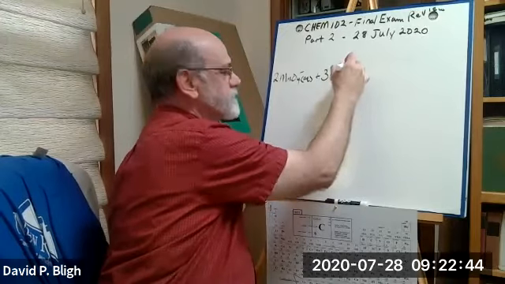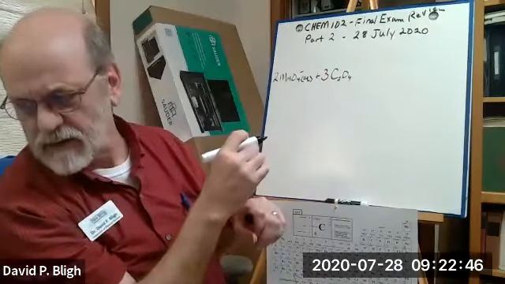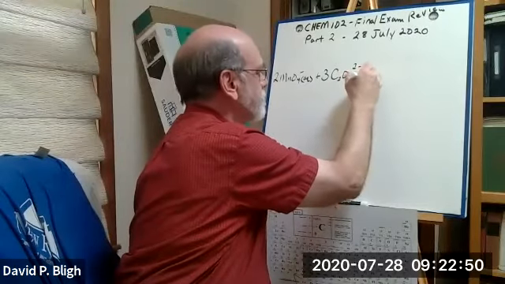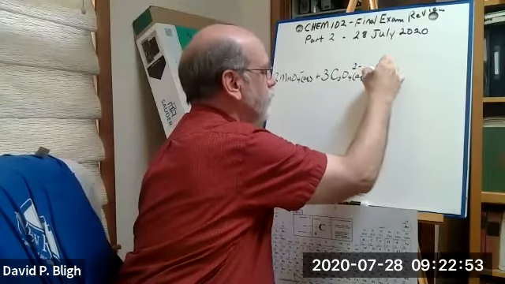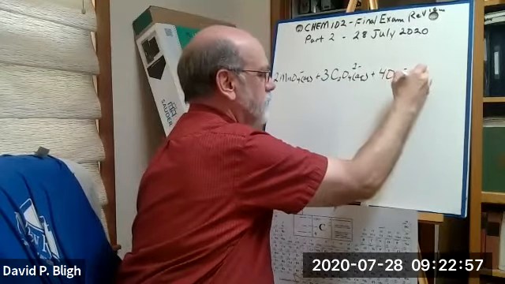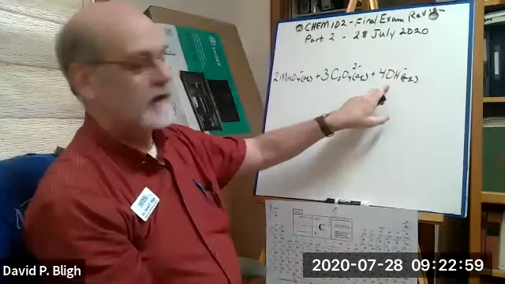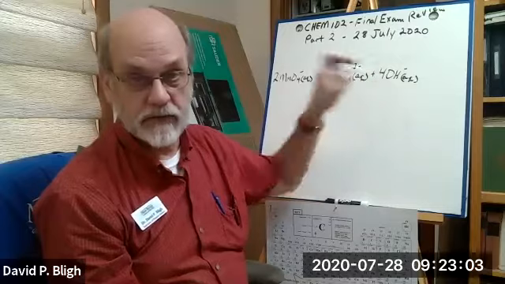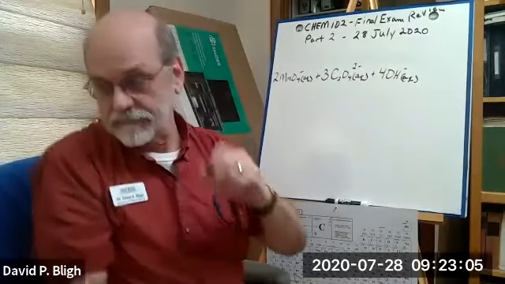It's 2 minus. And 4 hydroxyls. So what does that mean? That means this reaction is carried out in basic solution because it has hydroxyls there.